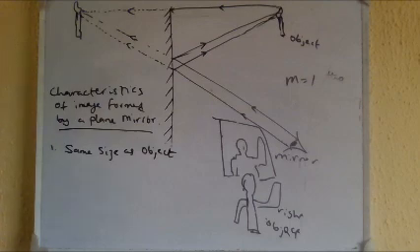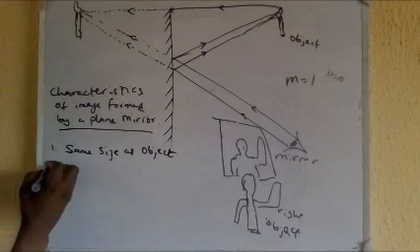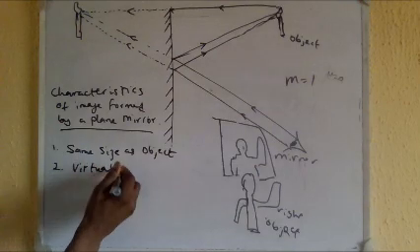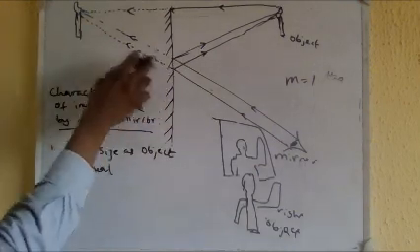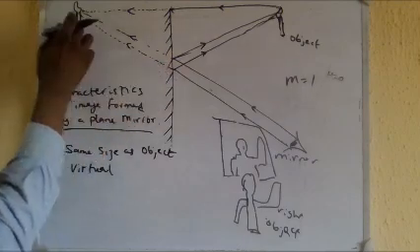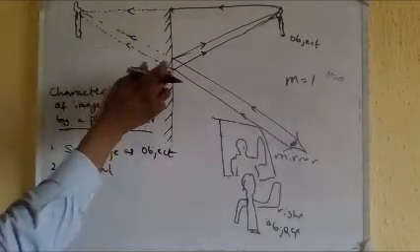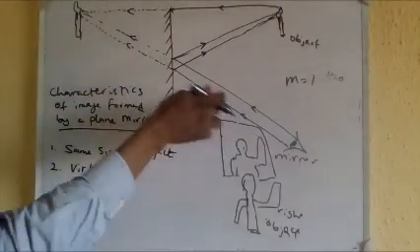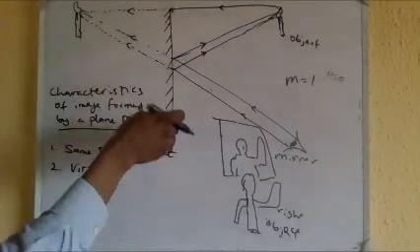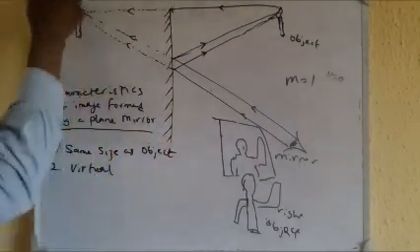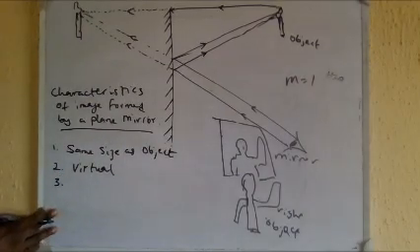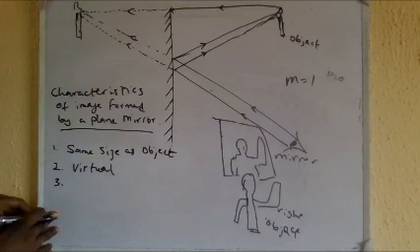Okay, so number 2 characteristic is that it is virtual. The image is virtual. So we see that this virtual image is being formed by imaginary lines that are supposed to have continued, if not for this interaction. We're imagining that light traveled on a straight line, but because of this interaction, it didn't travel this way again. That is why it's virtual. Number 3, it is laterally inverted.